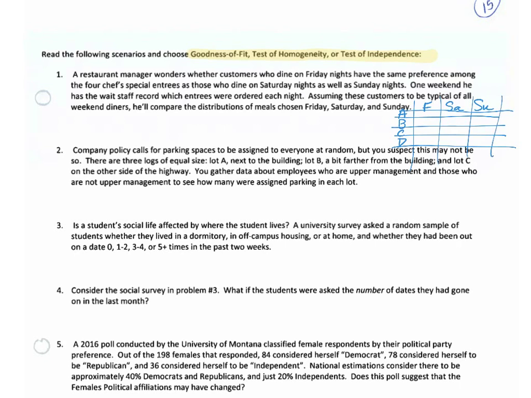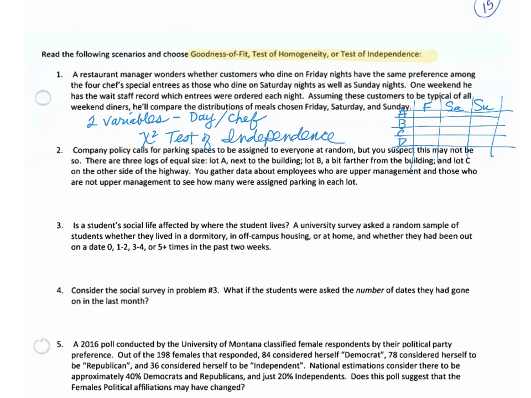What kind of situation do we have going on? Looks like it's going to be independence. We have 2 variables, the day and the chef. So that would mean it's a chi-squared test of independence. The 2 variables ones is the chi-squared test of independence.